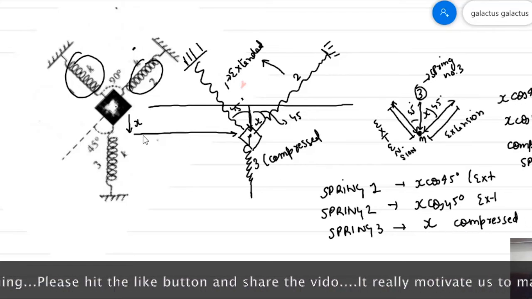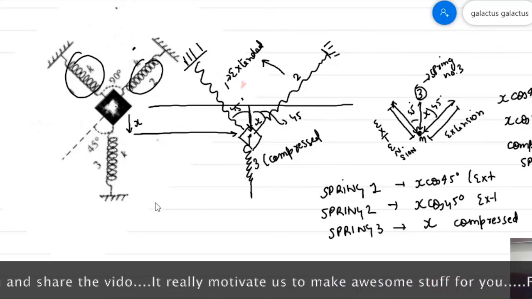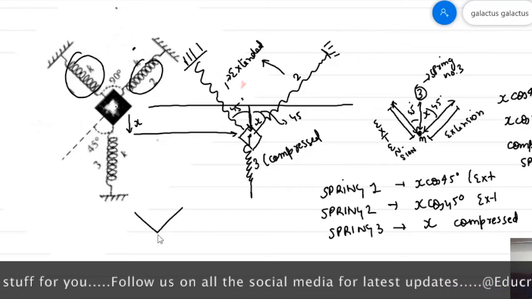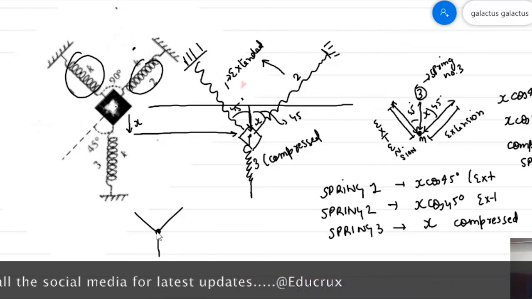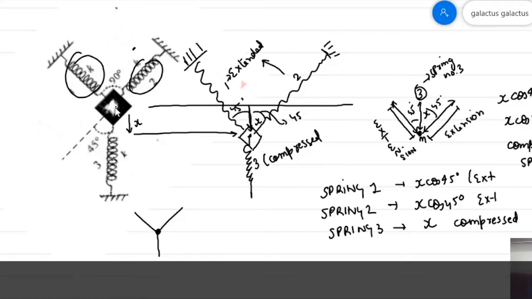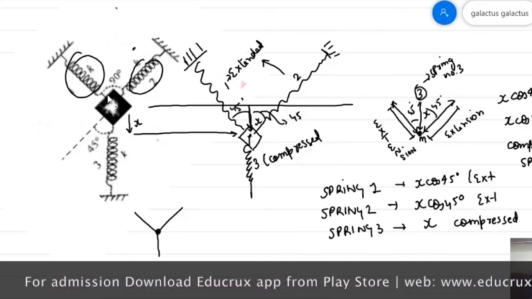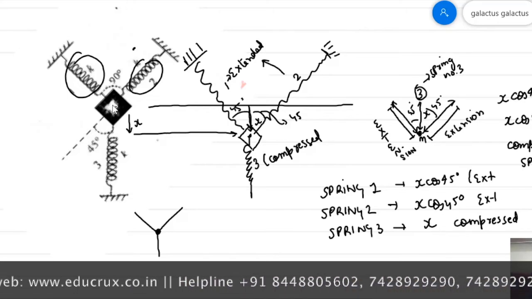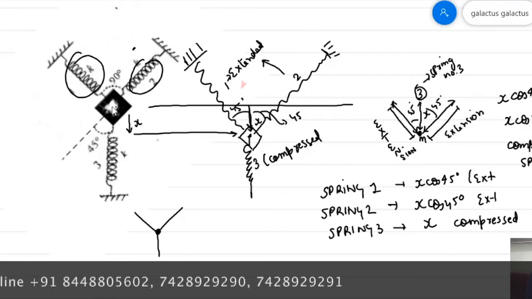So now let us say this is the initial configuration of the system, and when spring number 3 is compressed by a distance x and spring number 1 and spring number 2 are extended, then the mass or the spring will try to align itself to its natural length.